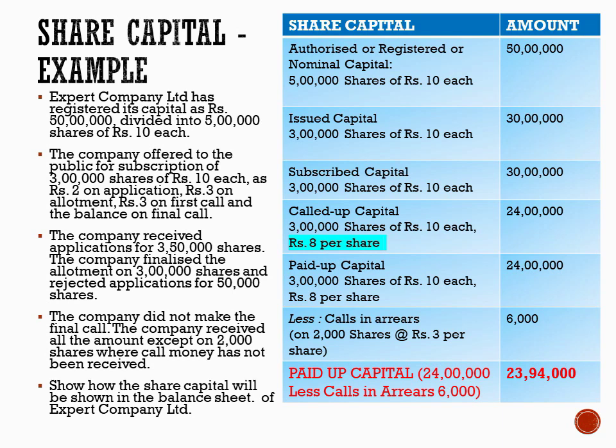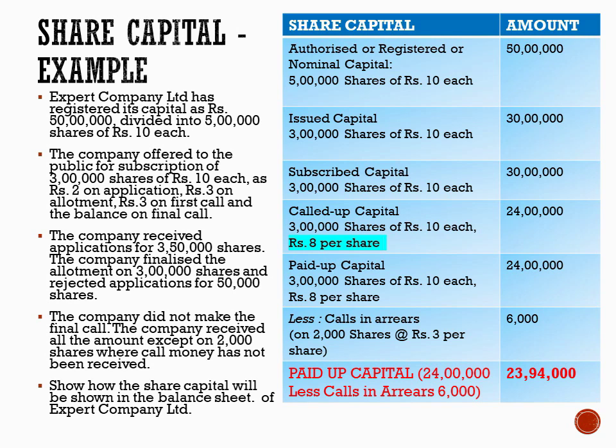Now the called up capital is 3 lakh shares of 8 per share, which we have to take into consideration as per the given information, because the final call of 2 is not called by the company.